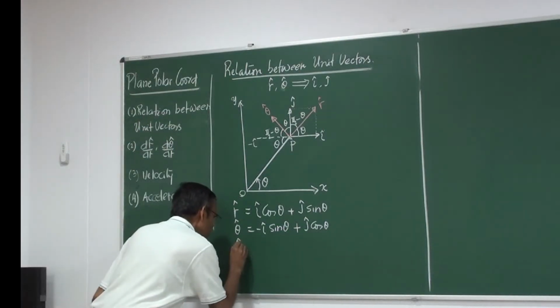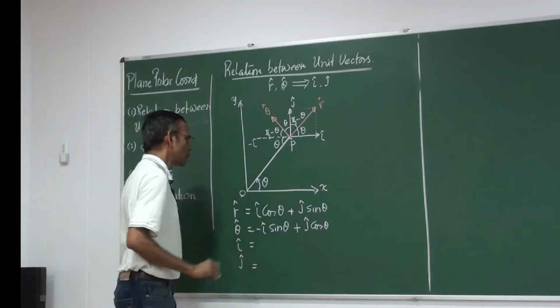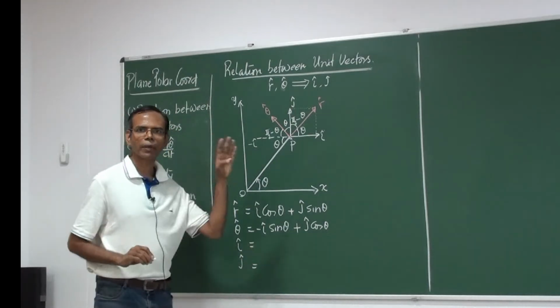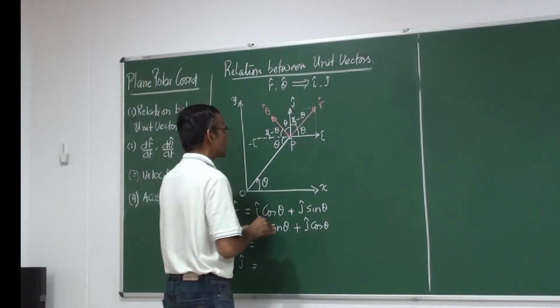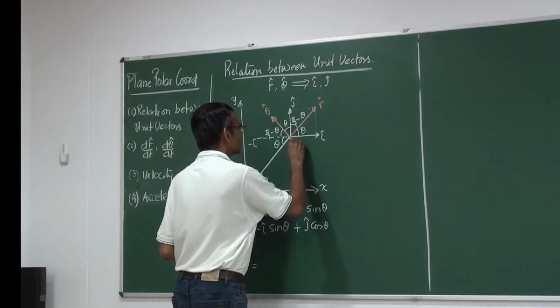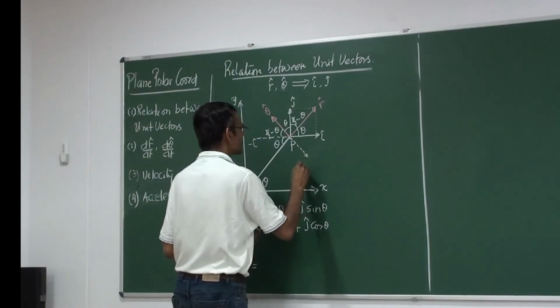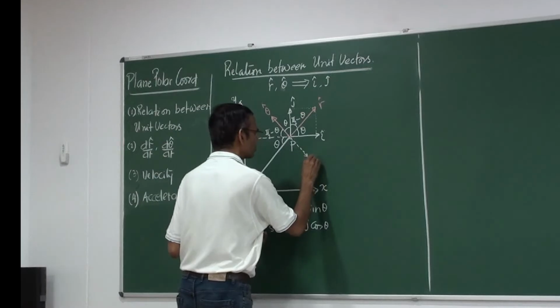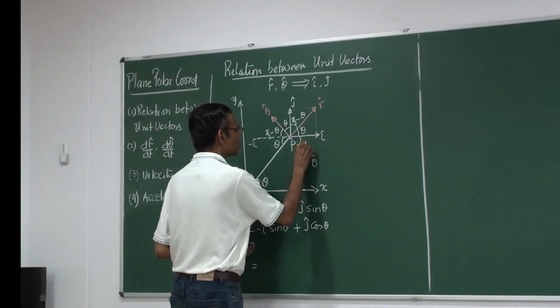I cap and j cap also we will write down in terms of r cap and theta cap. So i cap is, let us extend this line over here. What is this? This is minus theta cap. And this angle is pi by 2 minus theta.